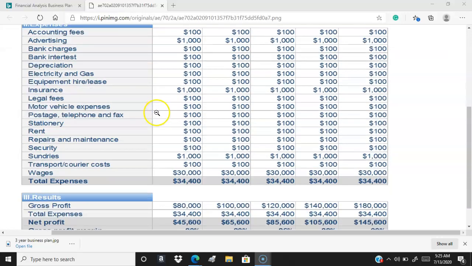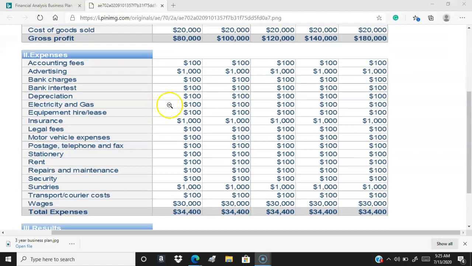Now your expenses, again, I know we go over expenses a lot, and expenses are a big part of your business plan. You're going to see expenses and costs on at least four to five sheets of your business plan, because they want to make sure that everything tracks right.